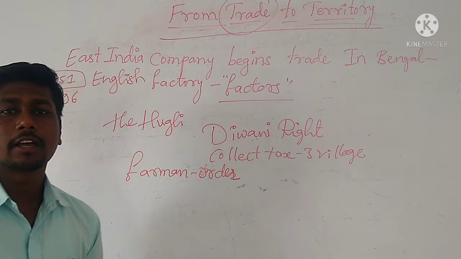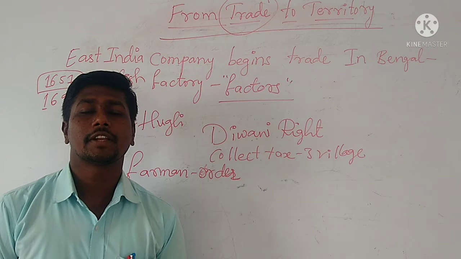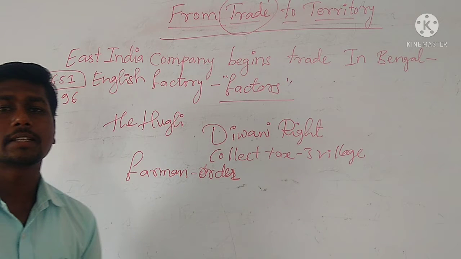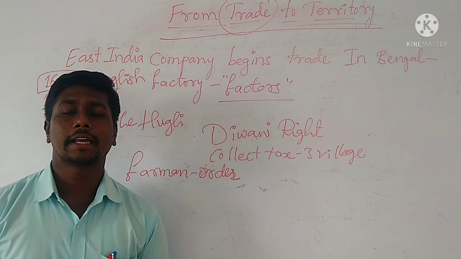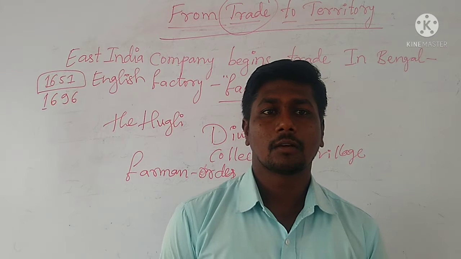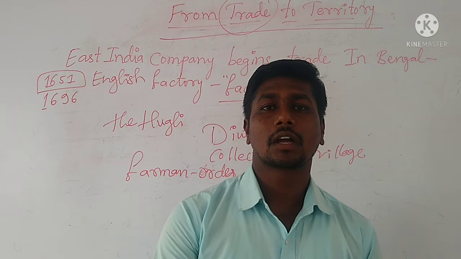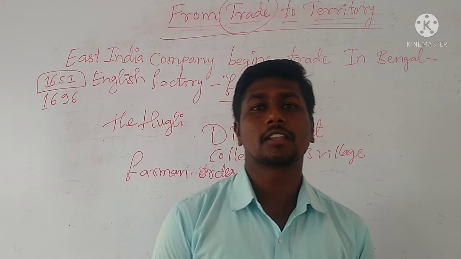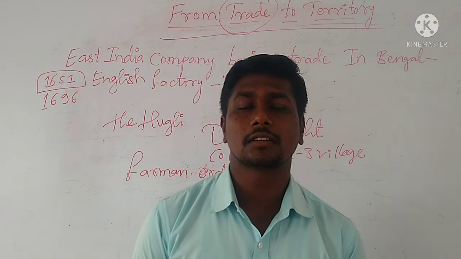Then see what happened. The company tried continuously to press for more income, for more concessions, and to manipulate existing privileges. To earn more money, the company always tried to get more concessions from the rulers, and always tried to manipulate the rules or the terms.